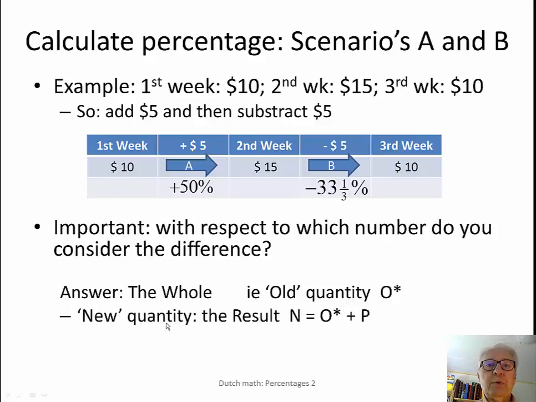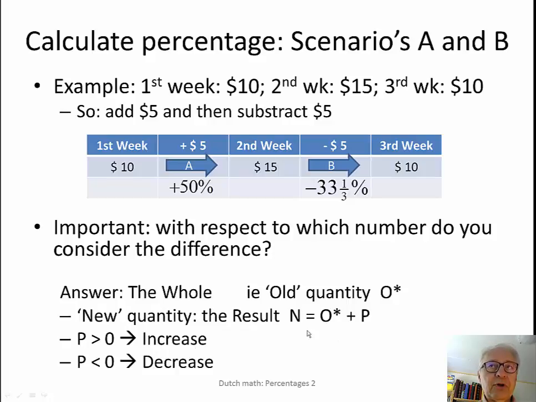The new quantity we get, the result, is the addition of the old quantity and the part. And the part can either be an increase or a decrease. So the new quantity can be more, but it can also be less than the old quantity.